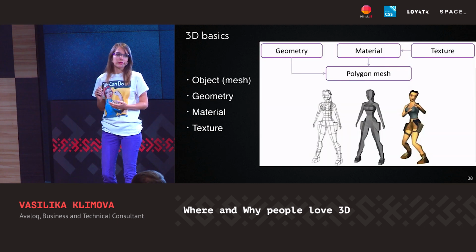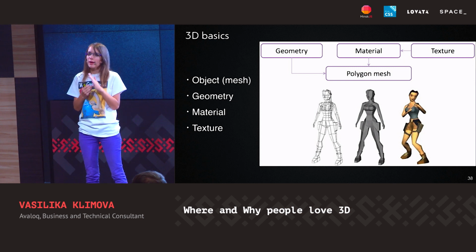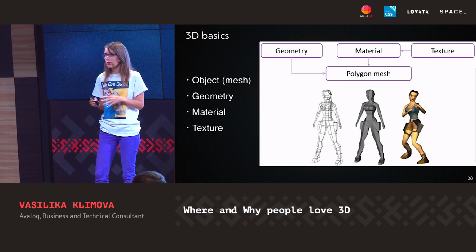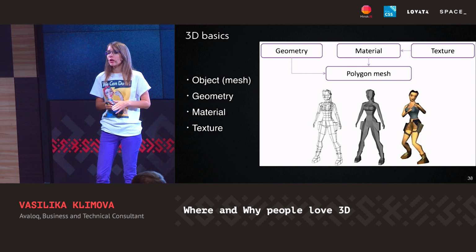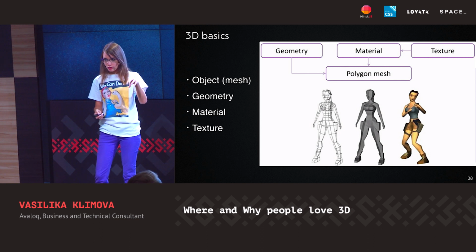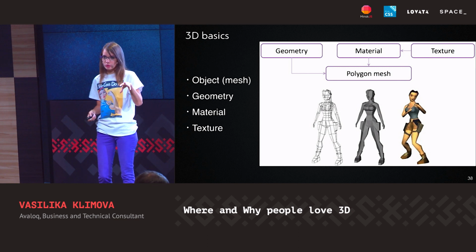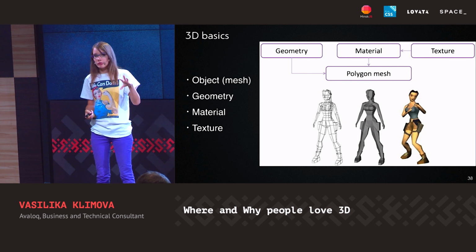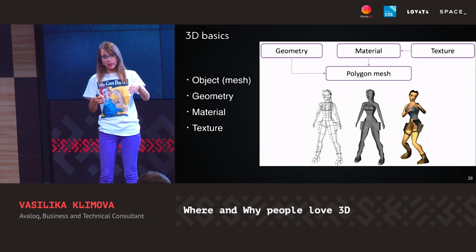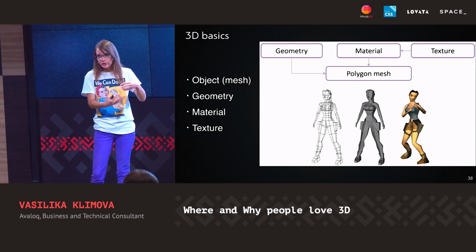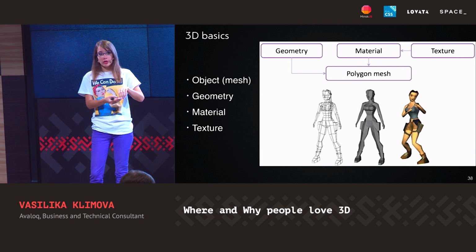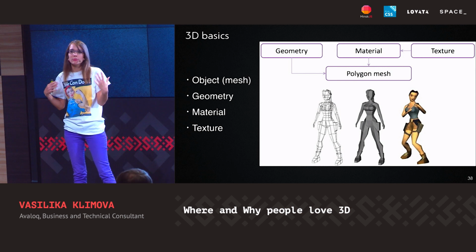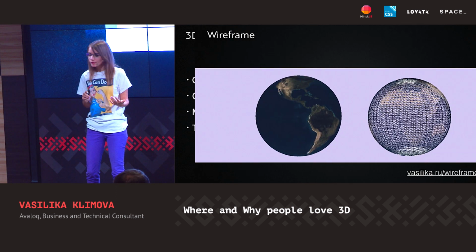If you want to look at any model from any 3D designer on your website, you need to have the object of your model. It's a 3D vector object. You can also have everything in this file, like the colors of this object inside the file, or you can have another file for materials or another file for texture. It depends on how the model was created.